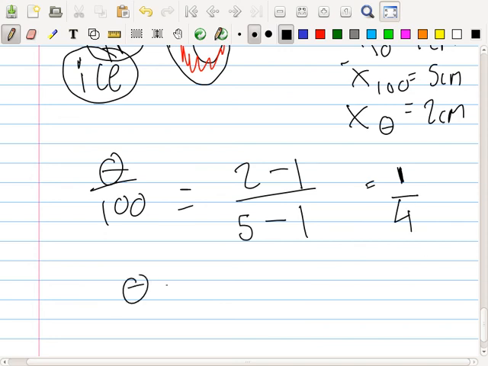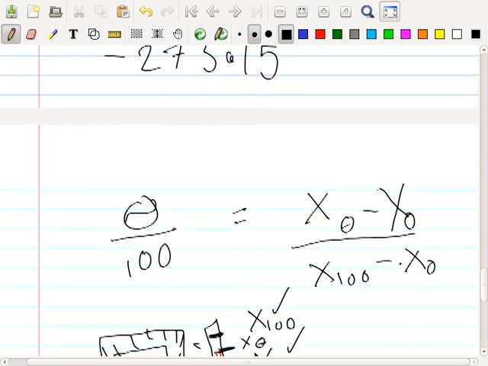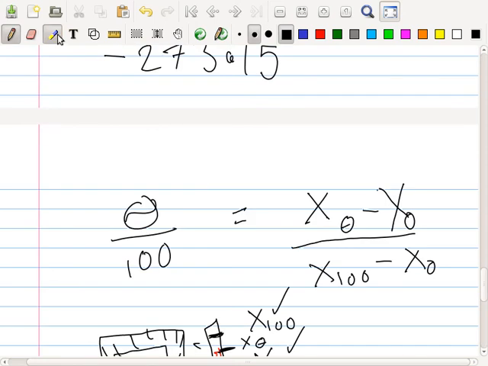So theta equals 25 Celsius. So this formula is used when you want to make your own thermometer and find out what the temperature is for something on it. So you definitely need this. It's very, very important.